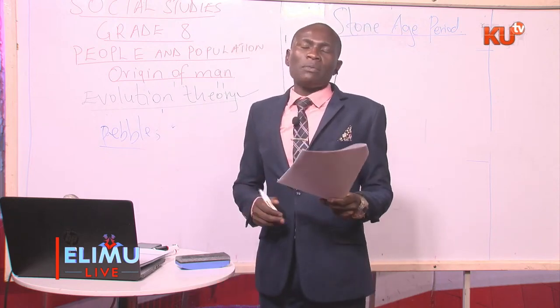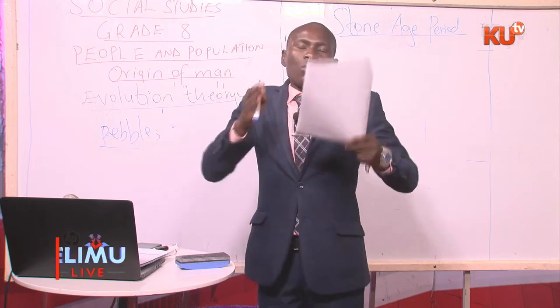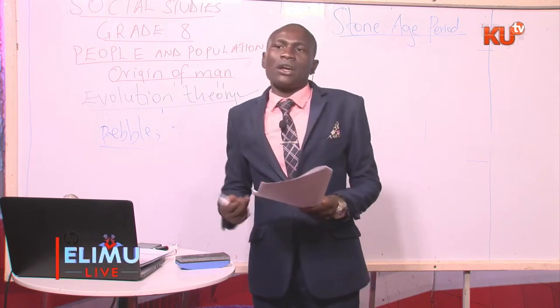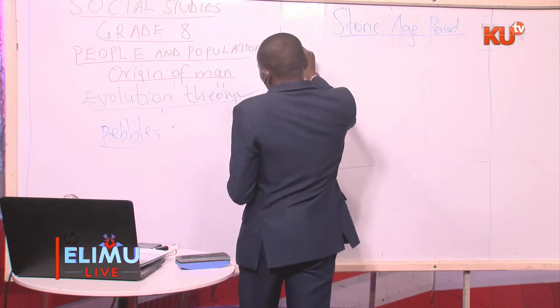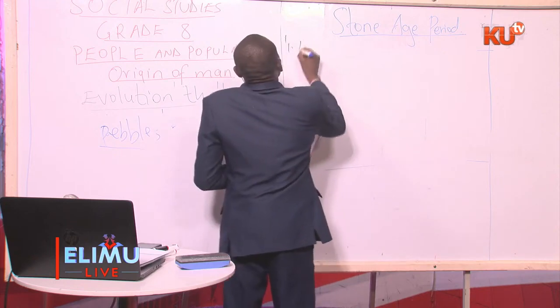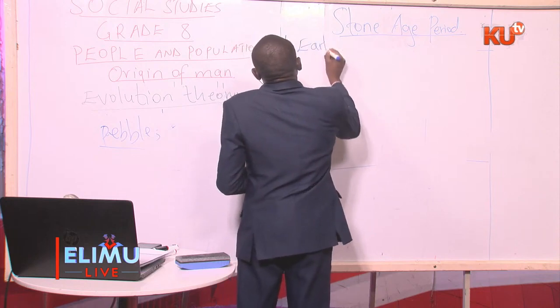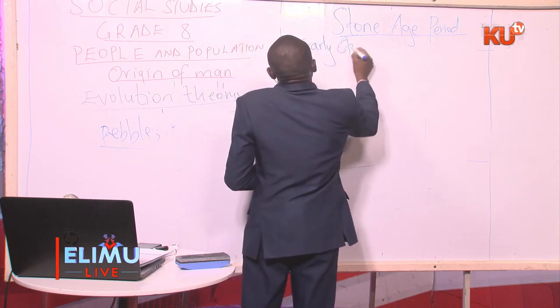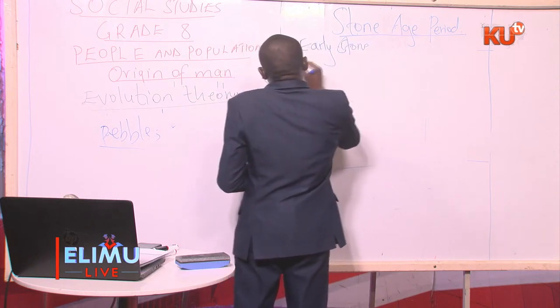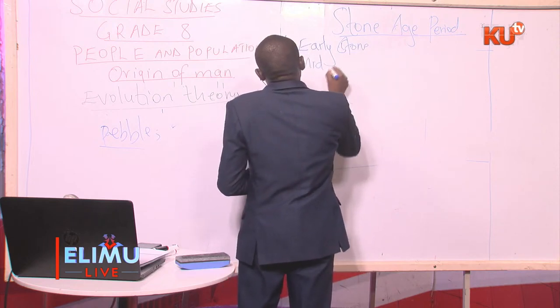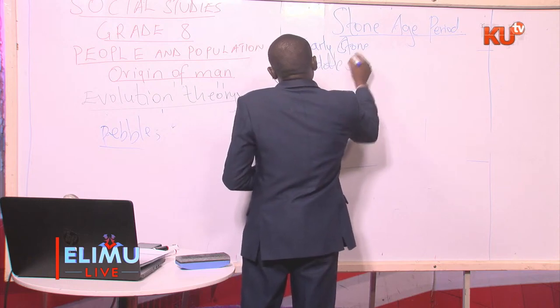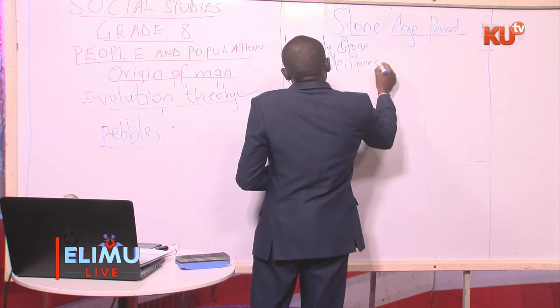And then we have three stages that we'll be looking at, and out of these three stages we will be able to look at what or who belong to which stage. The first one is called the Early Stone Age period. The second one is called Middle Stone Age.